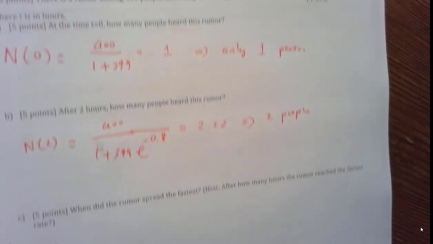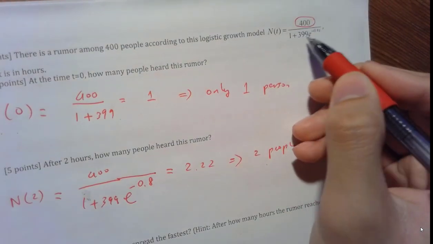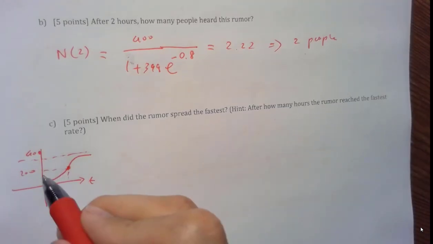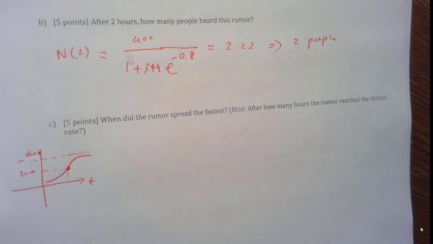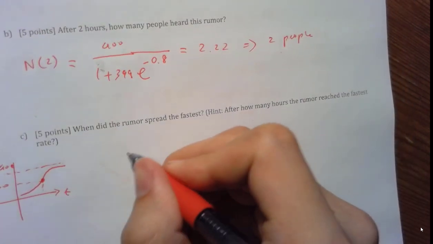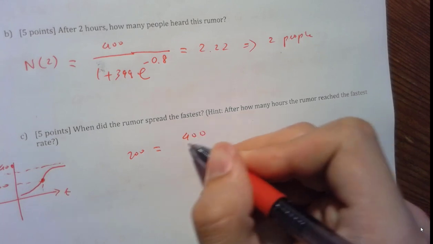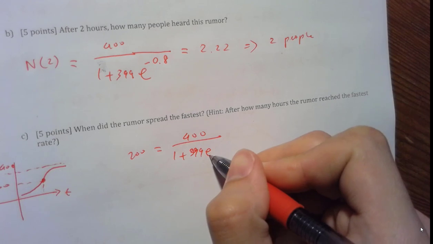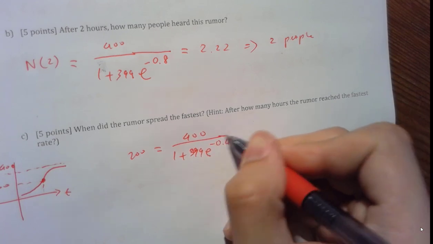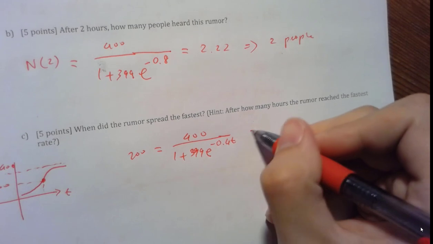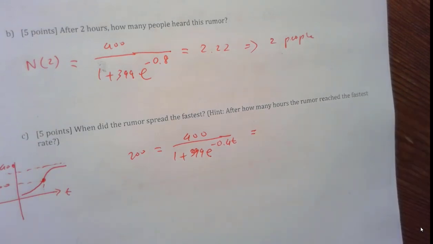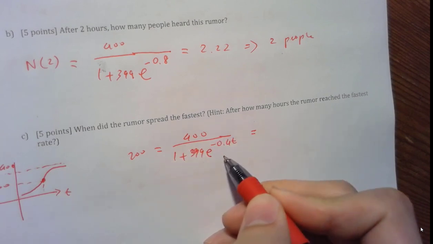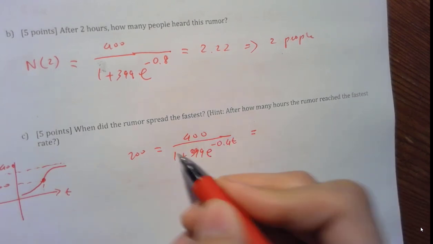So all we do is set the whole function to be 200, because that is the middle value, the midpoint, and then solve for the value of T. So I let 200 equal the function 400 over 1 plus 399 e to the minus 0.4t. Now we can divide. Okay, we can multiply this. Actually, we can divide 200 on both sides first.